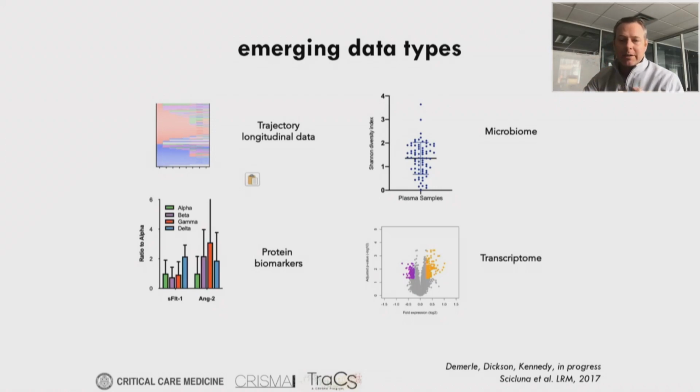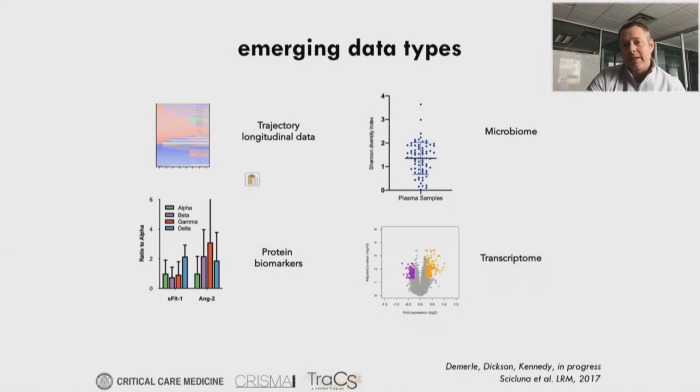If you talk about the microbiome and transcriptome, as examples are shown here, there's also the metabolome and many other computational strategies to generate complex data sets. These all have their own limitations and potential benefits.